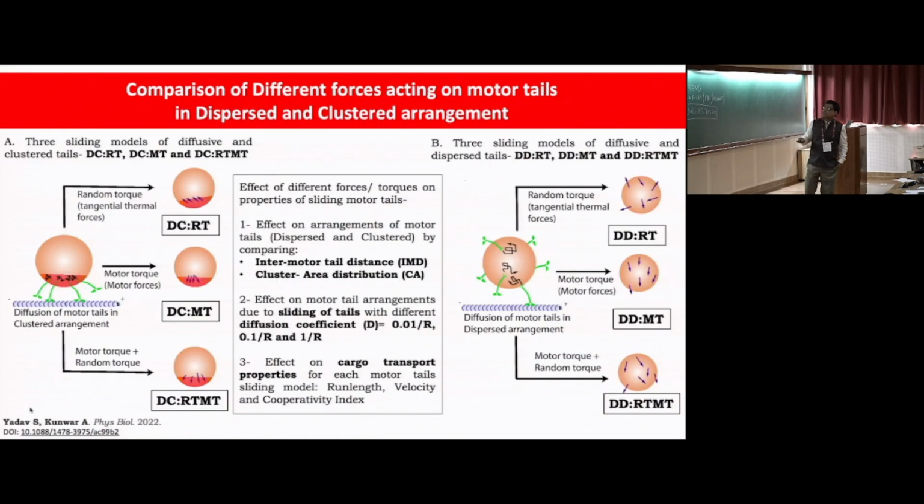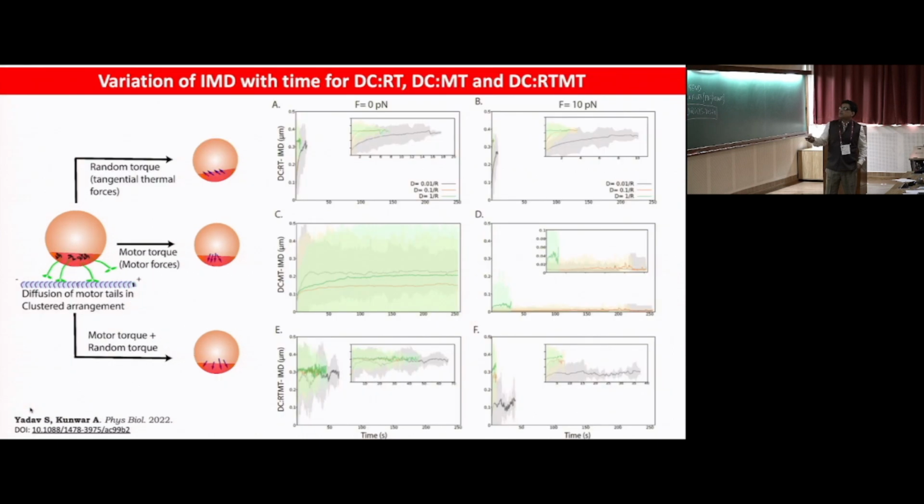We also included the effect of 3 different types of torques acting on the motors in these diffusive arrangements. We included the random torque as well as the motor torque, and also the combination of random and motor torques, in the arrangement where the motors were clustered in a patch, as well as in the arrangement where motors were free to diffuse on the cargo surface.